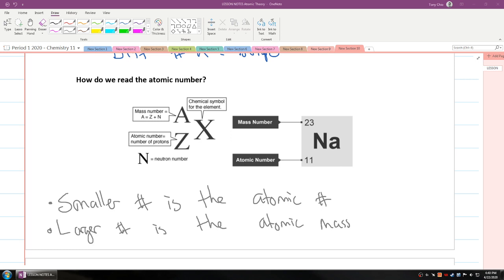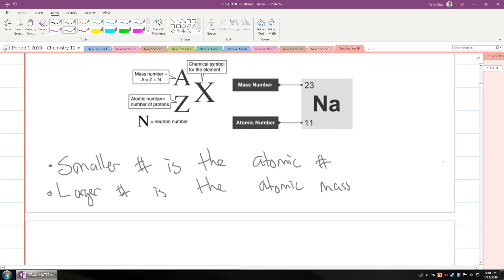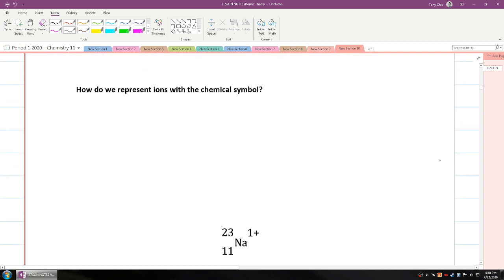So how do we represent ions with these types of symbols? Well, first of all, we know in an atom, the number of protons equals the number of electrons. That's why it's neutral.